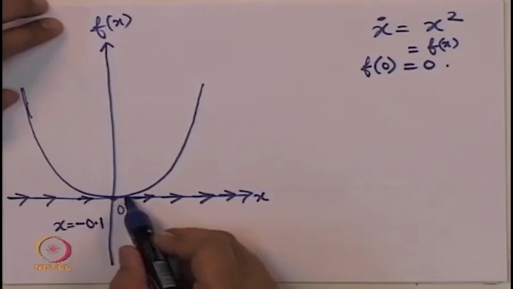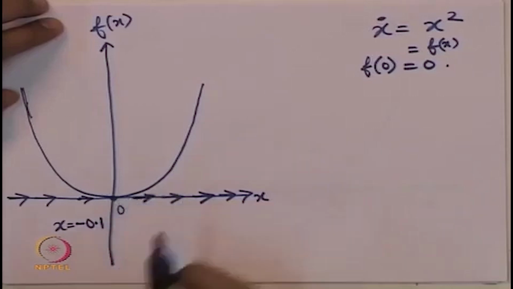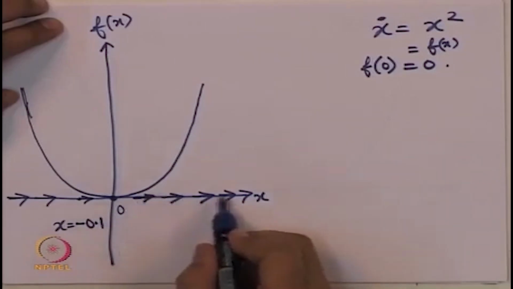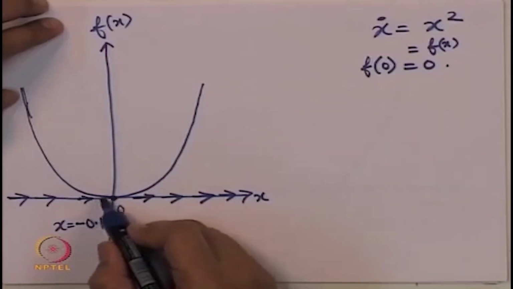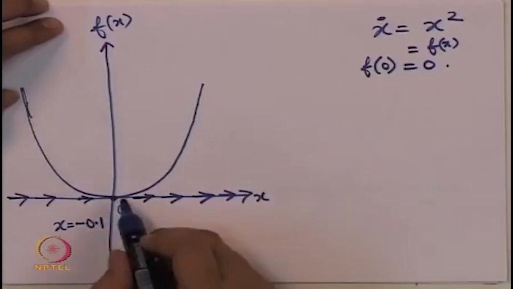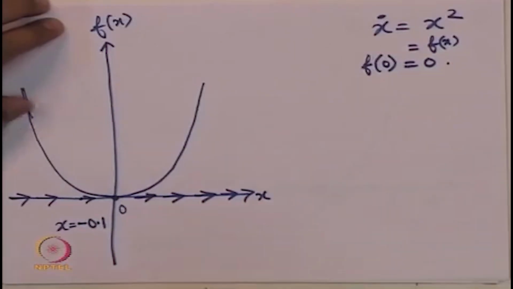To the right, x dot is again positive, and hence x is going to further increase and move away from 0. So, we see that for certain perturbations it comes back to 0, and for certain other perturbations it goes away from 0.